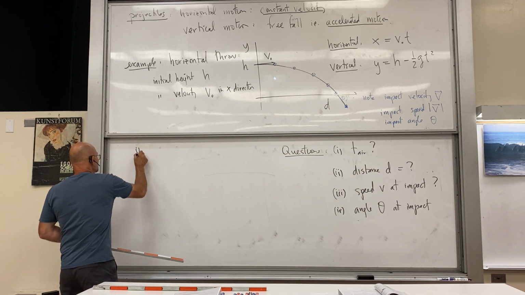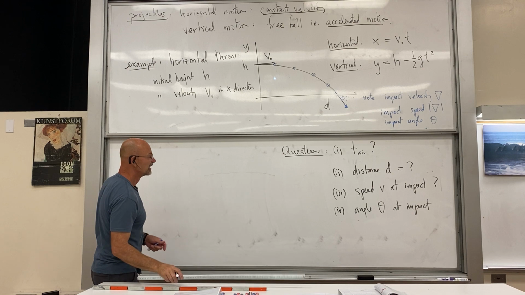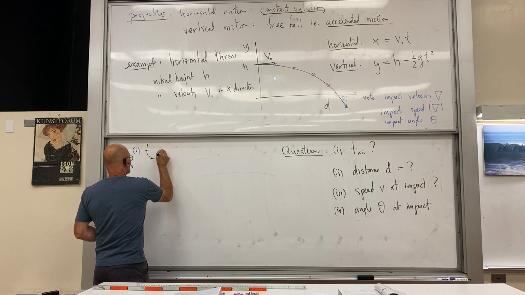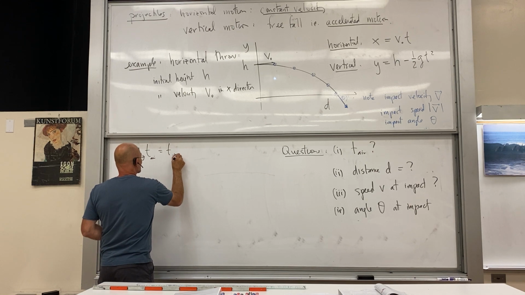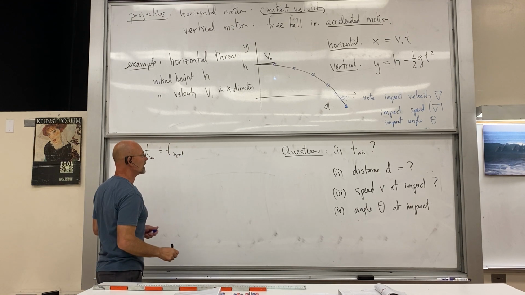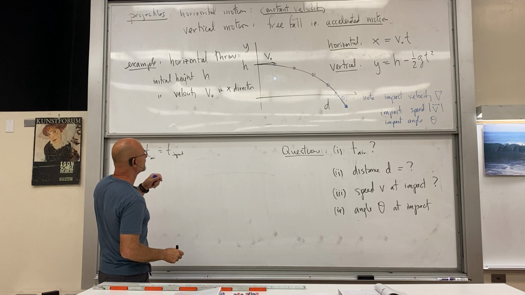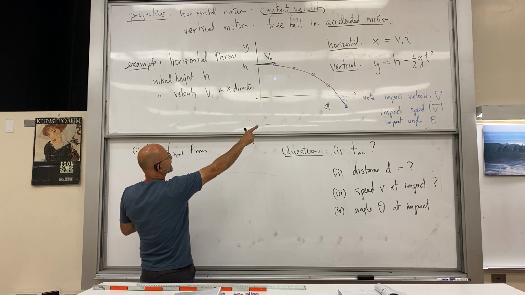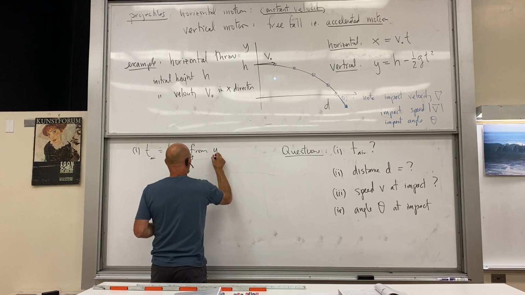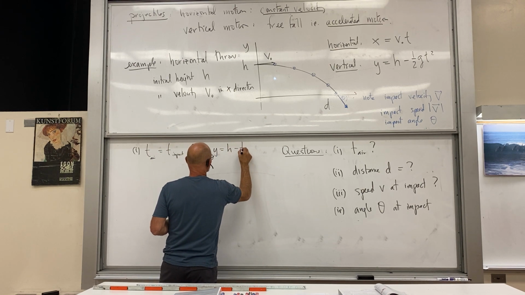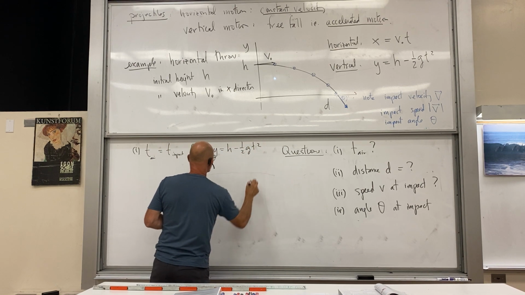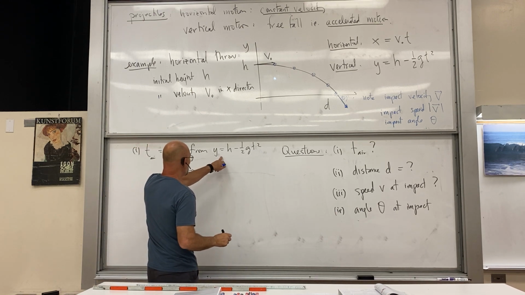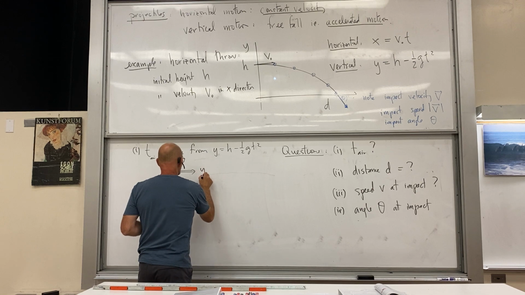So the time in the air: T air equals T impact, call it what you want. That's the time when it struck the ground. From the second equation, y equals h minus 1/2 g t squared, y equals 0.